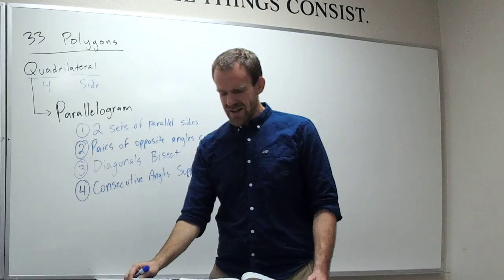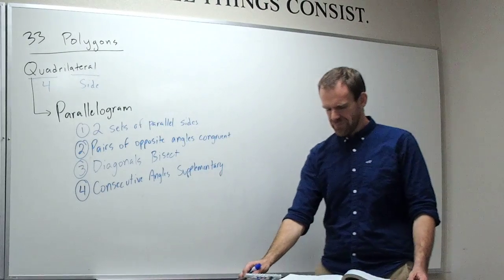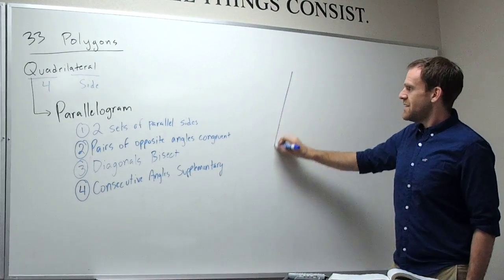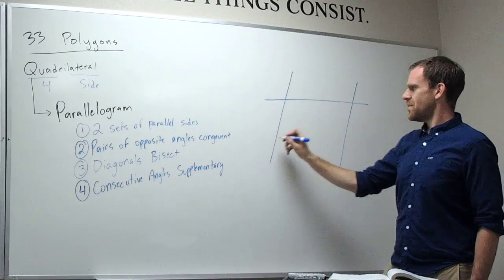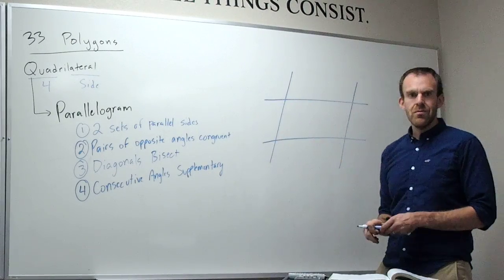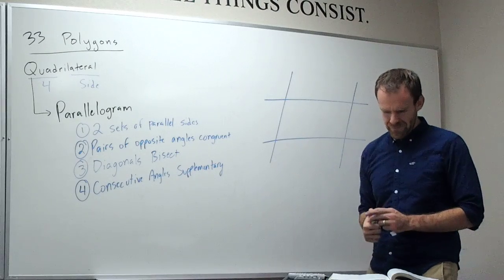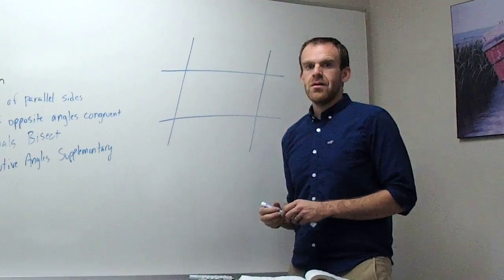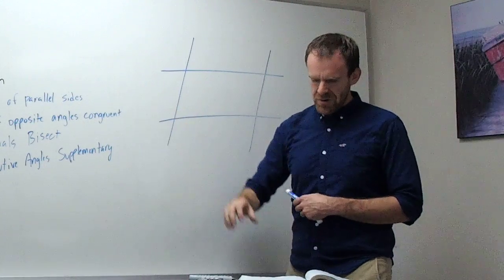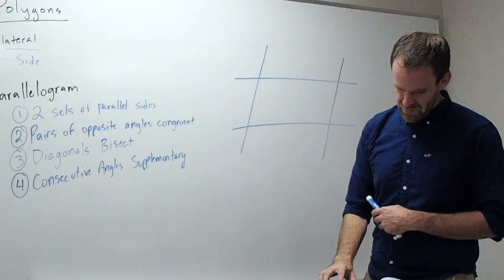So let's take a look at a parallelogram. If we take two parallel lines and another two parallel lines, we have formed a parallelogram. So what am I saying with these properties listed here?